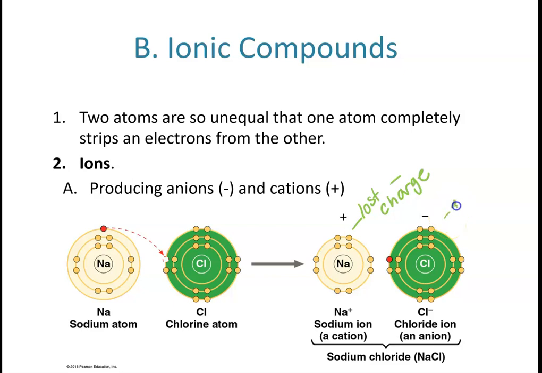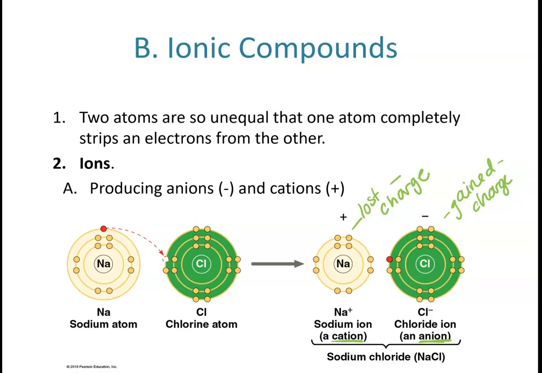Chlorine has gained negative charge, which means it has become more negative. These charged molecules are called ions. A positively charged molecule is called a cation, and a negatively charged molecule is called an anion. So those are just terms that you're going to need to remember.